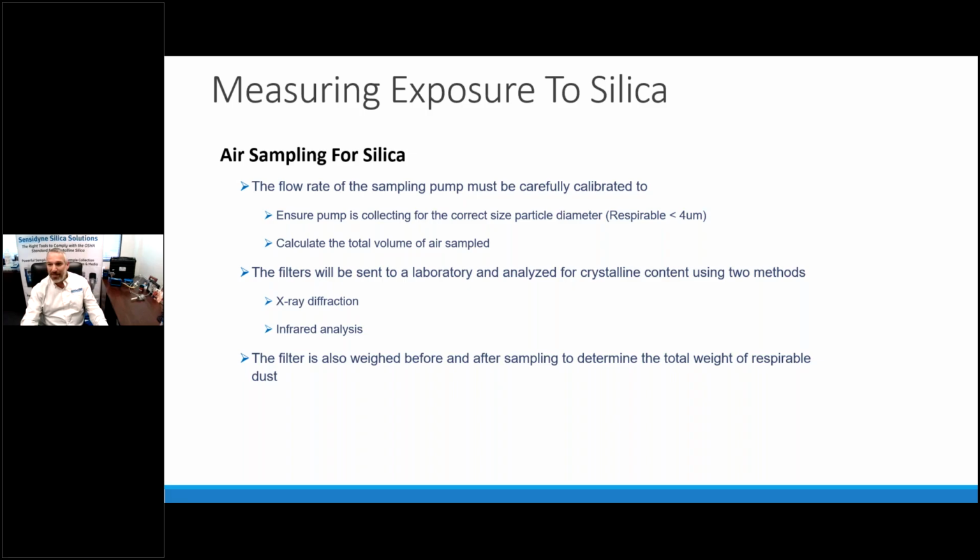This can be very complicated, but in truth, it's airspeed and particle diameter that's basically going to spin around in the cyclone. And then heavier particles of larger sizes will end up dropping out, and those lighter particles, which is that respirable fraction, will then get pulled up onto the filter media, which then gets sent off for analysis.